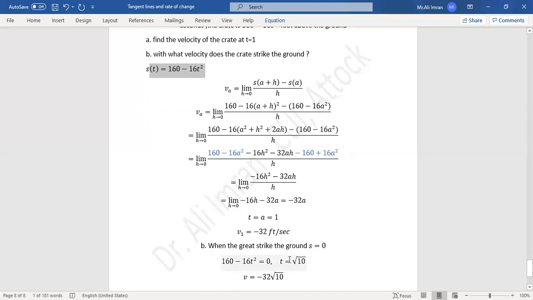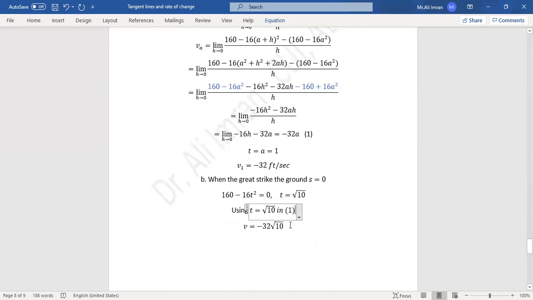Using this value, t is equal to square root of 10, we will find the velocity when the crate strikes the ground, which is equal to v is equal to minus 32 into square root of 10 feet per second.